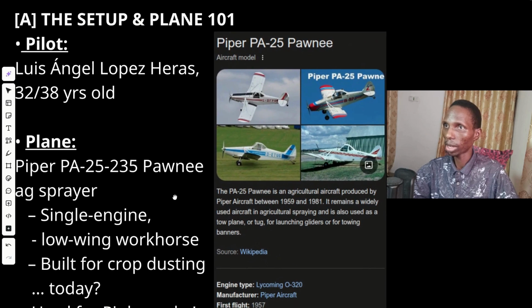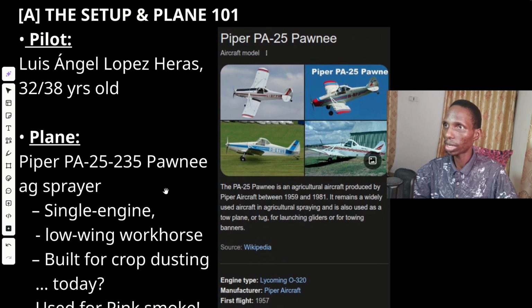So the first thing we want to look at is the setup of the plane. As you already know, the pilot is Luis Angel Lopez Eras. As I told you, this is not official from the FAA and things like that, so some reports put his age at 32 years, while some said 38.